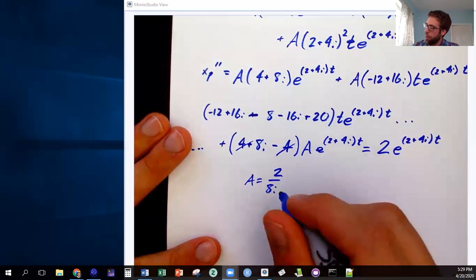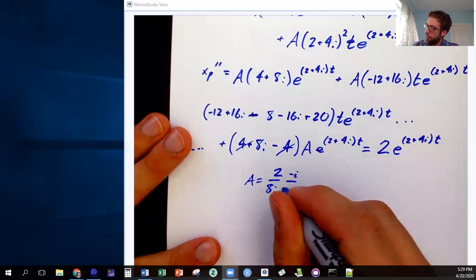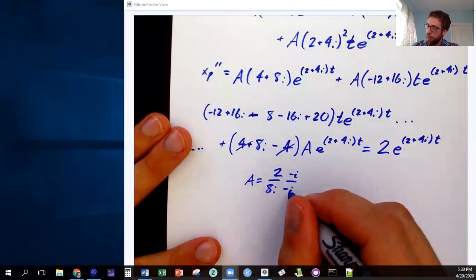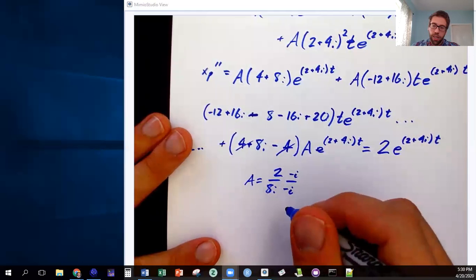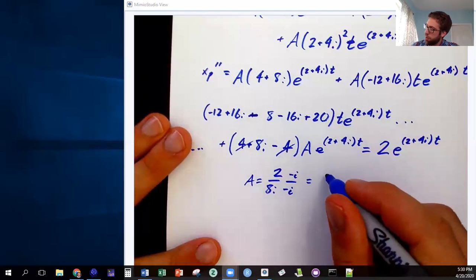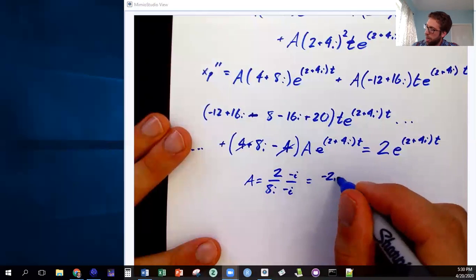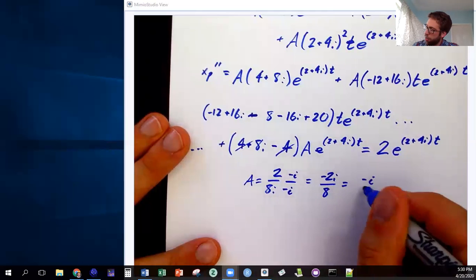And so here, I can just multiply negative i over negative i, and i times negative i will be negative negative 1, so positive. And so this equals negative 2i over 8, which equals negative i over 4.